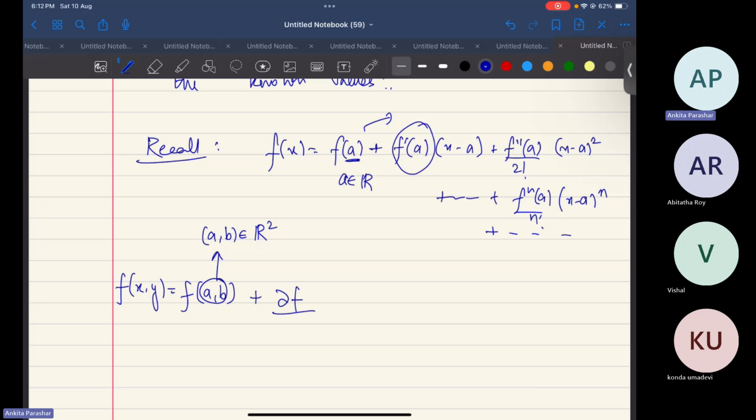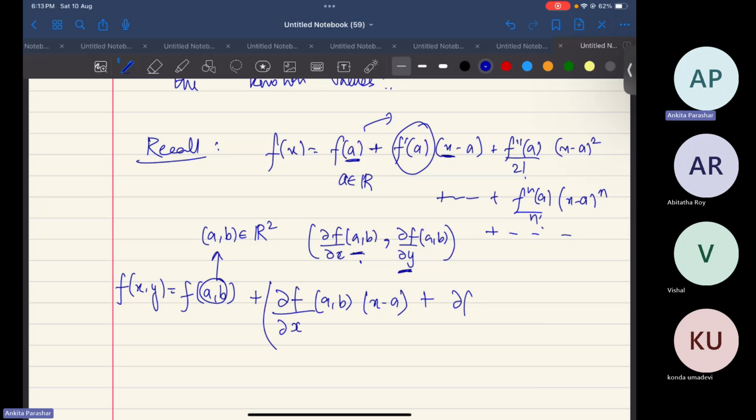Instead of the derivative as a scalar, you have a vector: del f by del x at (a, b) and del f by del y at (a, b). So you have to take the two components at the same time. This is with respect to x, so x will come with this, and this is with respect to y, so y will come with this. So I will write it like this: del f by del x at (a, b) into (x minus a). This is one factor, plus del f by del y, again at the point (a, b), into (y minus b). Makes sense.